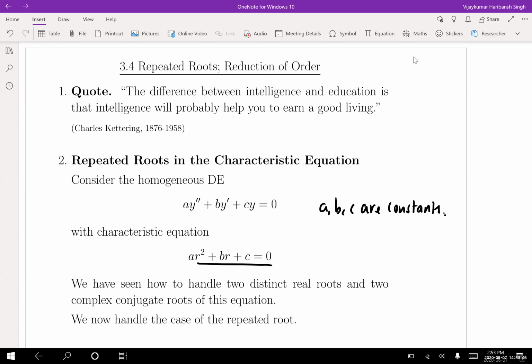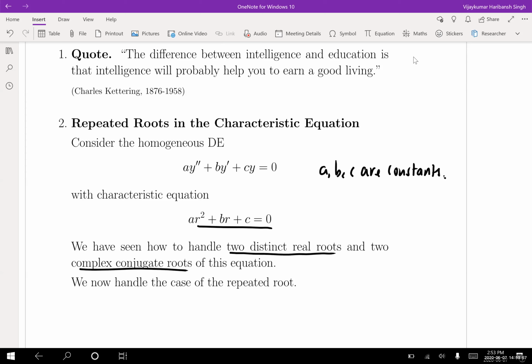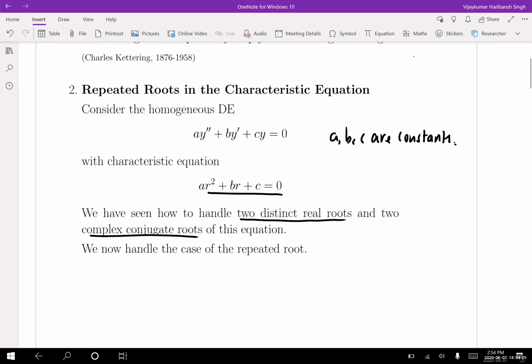Case one was two distinct roots, that is already dealt. Case two, two complex conjugate roots, that is already dealt. And so we are dealing now with case three, the repeated roots. So how do you get the repeated roots?